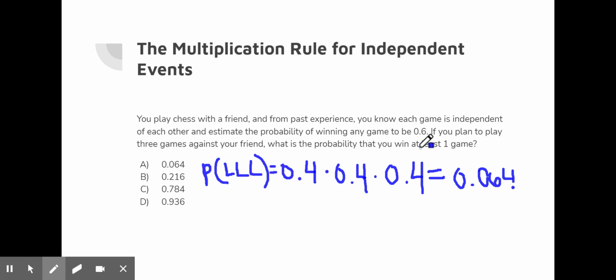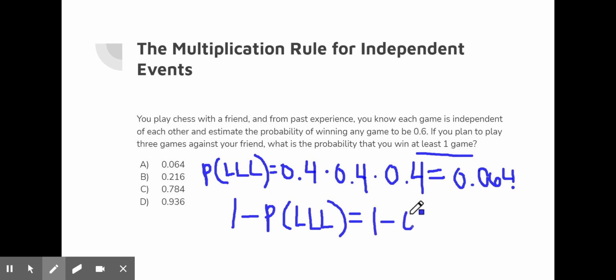Okay, now to find that you will win at least one, right? All you have to do is do 1 minus the probability of losing all 3, right? Because if you do 1 minus the probability of losing all 3, that will give you the percentage of winning at least one of them, right?